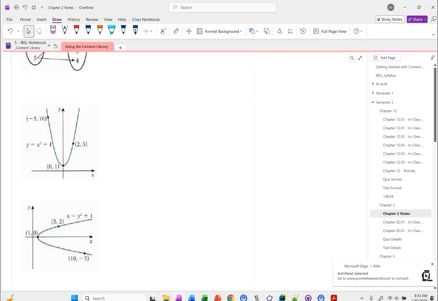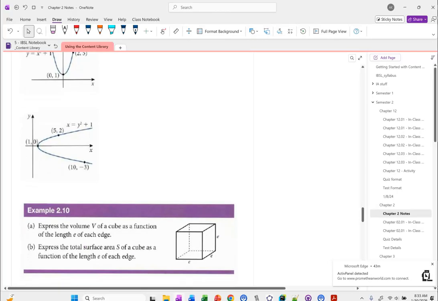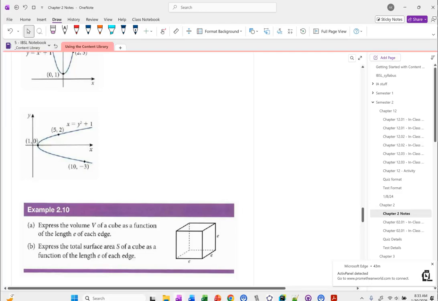No, it's if you find two x's that have different y's, right? That's what a vertical line test is checking. So here, no matter what vertical line you draw, it's only going to intersect the graph once. Each x has only one y. How about this one? No, right?